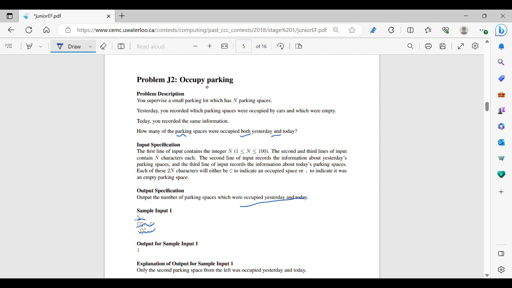We're going to read these lines, and if it's a C, then it's a full one, and if it's a period, then it's empty. And you're going to print out, again, how many times the parking spaces were occupied yesterday and today.